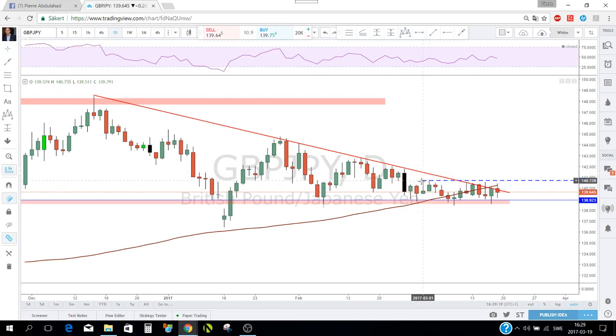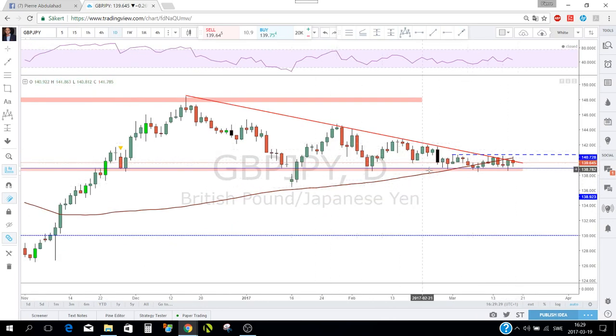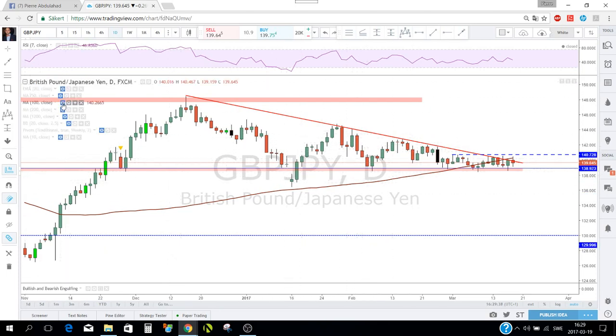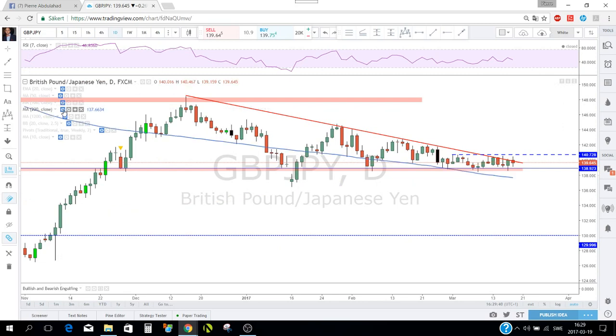We have from this high to this low here a range of 228 pips almost, but as you see, the swings used to be much higher on this pair, yeah. So it looks like it's gonna explode any time soon.